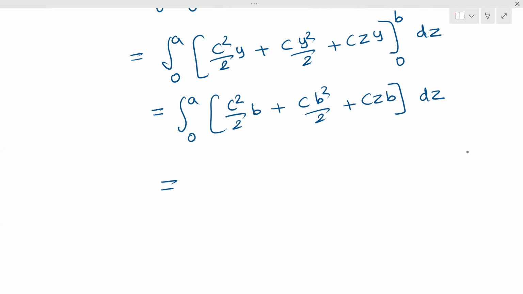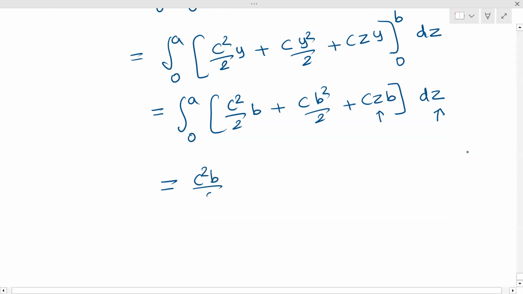The remaining one is the third variable, that is z, with respect to z. See the function. This is our function. It has only the variable z. The remaining are all constants only. So the first term, c squared b by 2, is a constant, so the integration of dz is z. The second term, c b squared by 2, is a constant, and the integration is z.